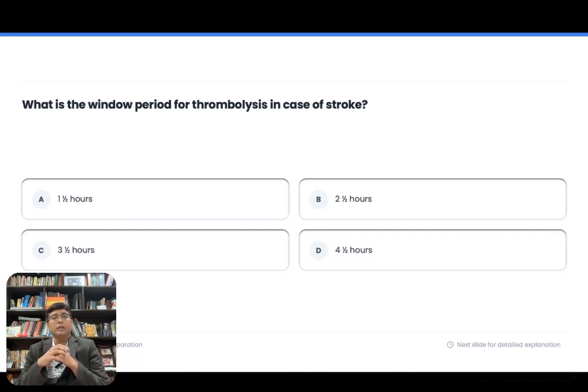As you all know, when you are dealing with a patient with stroke, it's actually very difficult to differentiate between hemorrhagic stroke and ischemic stroke on the basis of clinical symptoms. Actually, there is no reliable sign to differentiate between them.